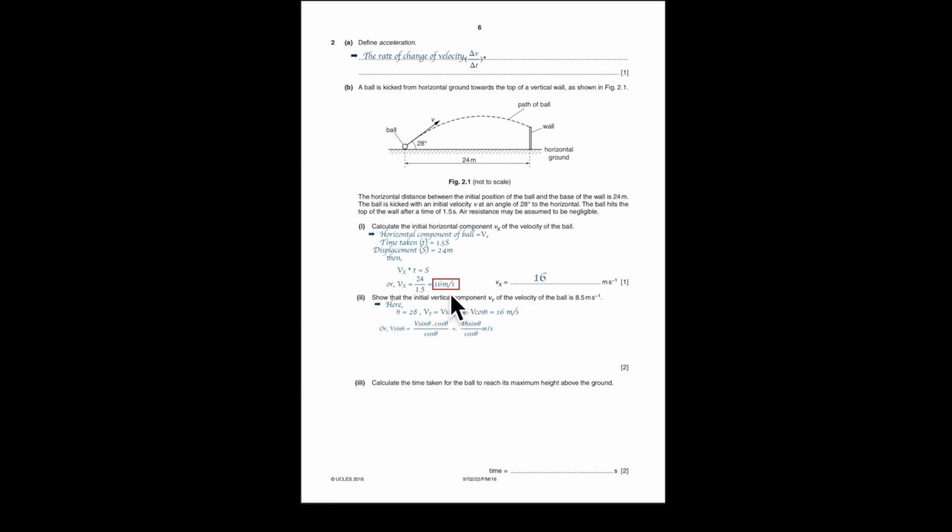So vy equals 16 times sin theta by cos theta meter per second, or vy equals 16 times tan 28. This sin theta by cos theta equals tan 28, so 16 times tan 28 meter per second, which is equal to 8.5 meter per second. Then we got the solution for this too.